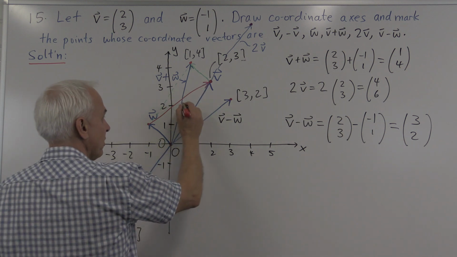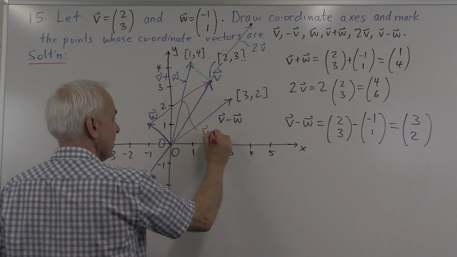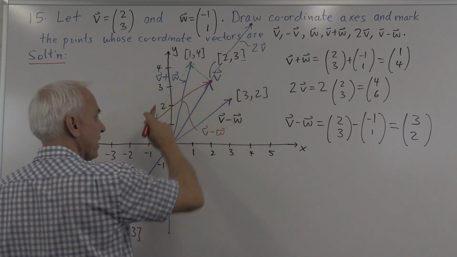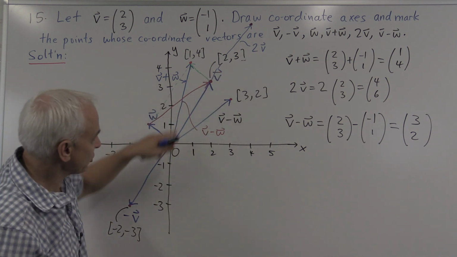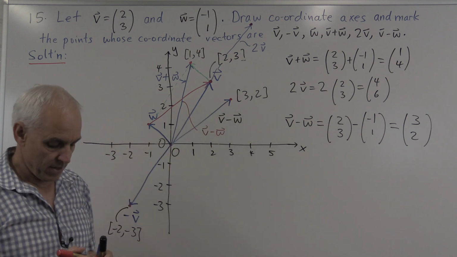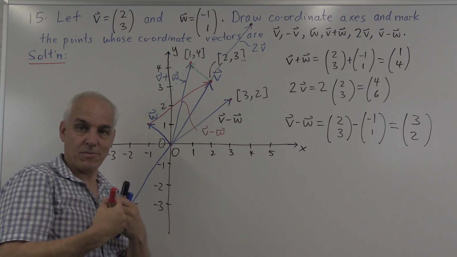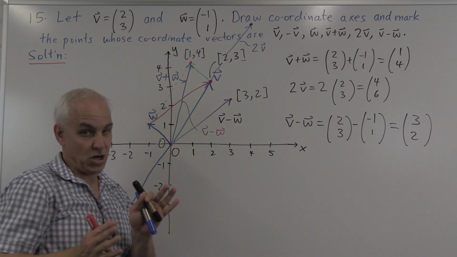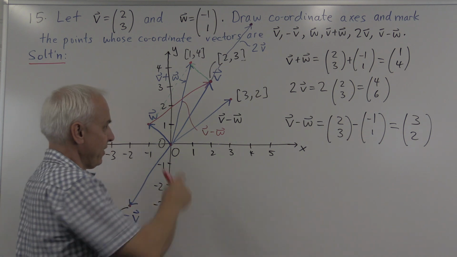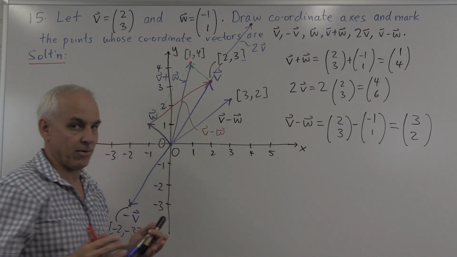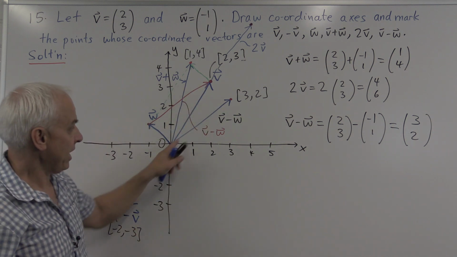This is the vector v minus w. So final minus initial. And that's the same vector as this one here. Just that here we've moved the vector down so that it's starting at the origin, which is sort of the canonical place for it. But this is just as valid a representation of that vector as this one is.